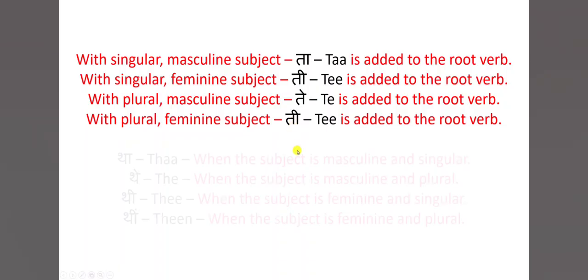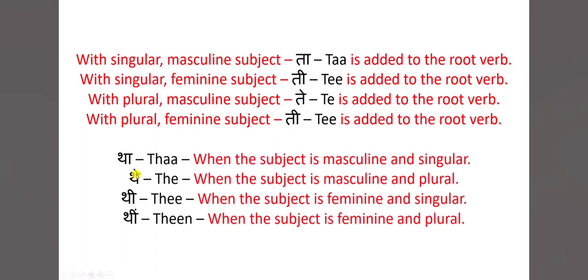Next. Tha, the, thi, and thi are selected according to the gender and number of the subject. Right? You already know this too. Using only these, we frame used to sentences.